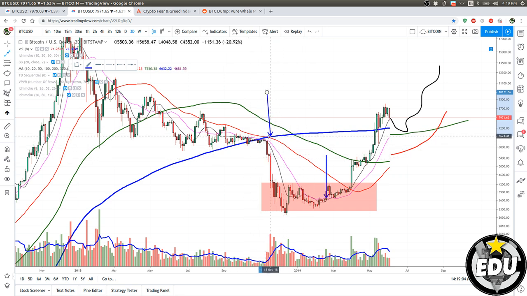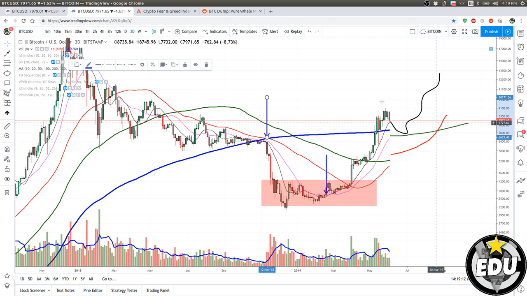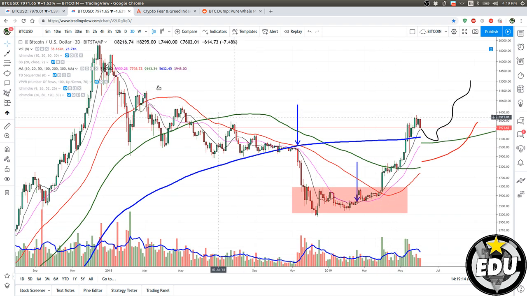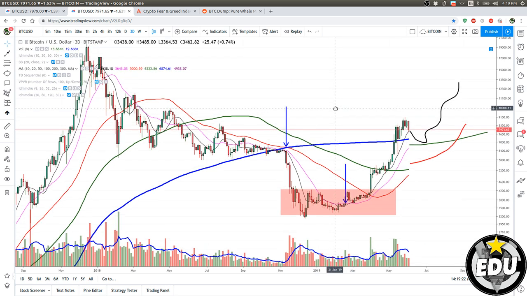So this can tell you that even though moving averages are very lagging indicators, because they come from price action, some traders just sell because of those crosses, especially the most important ones, and that's the one that I look for. Those are the crosses 10, 20, 50, 100, 200 on daily, 3-day, and weekly.